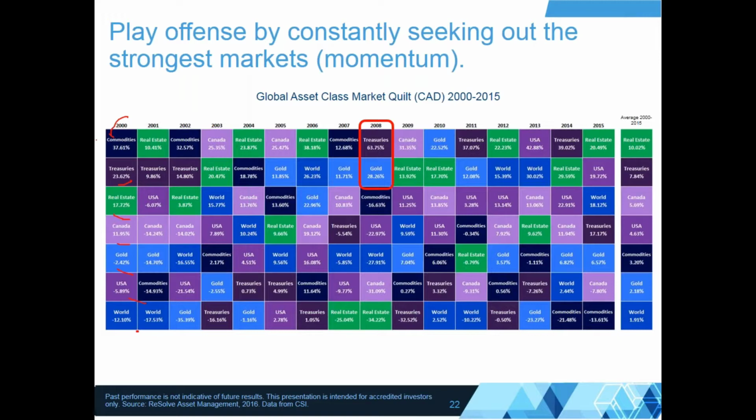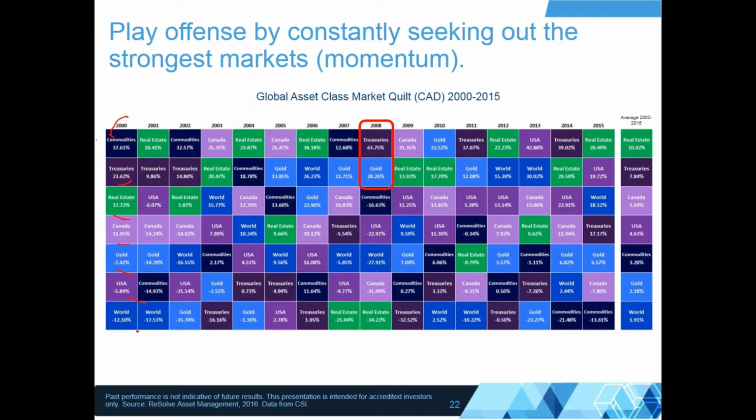In periods like the tech crisis, where most investment portfolios lost a lot of money, we can see here that had you invested in commodities and real estate and treasuries, you would have done double-digit returns, right? There are asset classes that do really well. In 2008, had you invested in U.S. treasuries, you would have been up 63%, and gold, 28%. And the question is whether we can capture some of those winners and do a better job at portfolio construction.